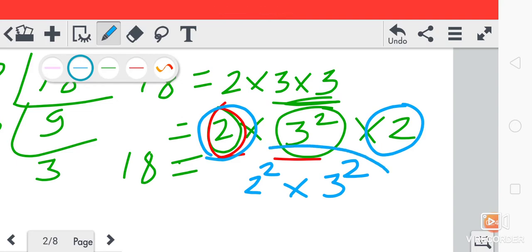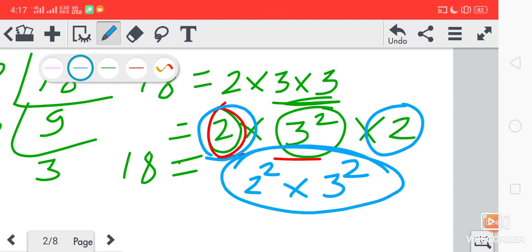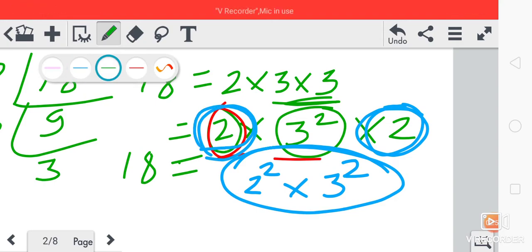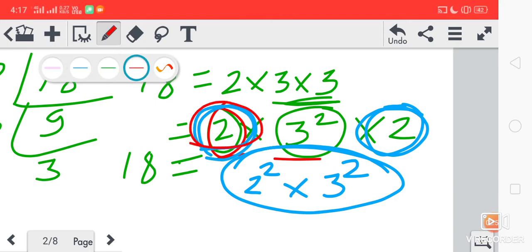So now this is becoming a perfect square. Which number are we multiplying here? 2. Why? Because this 2 is left alone, so we multiply by 2 so that it becomes a square.